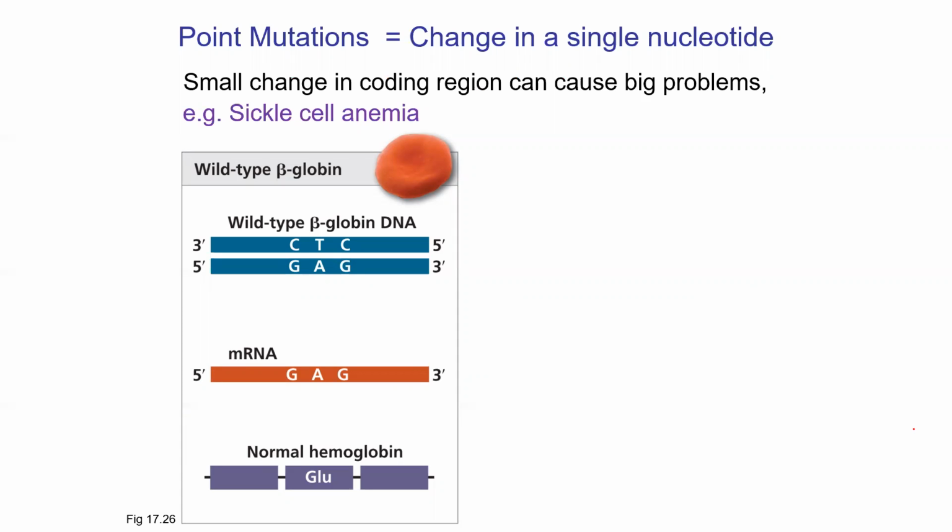So if you take a look, we're looking at a gene here, and this gene is for beta globin. So what is beta globin? It is a part of hemoglobin. Hemoglobin actually has an alpha and a beta protein, and this is the beta protein. So we're looking at one codon here, and this codon is GAG when it ends up in the messenger RNA, and GAG is the amino acid glutamate or glutamic acid.